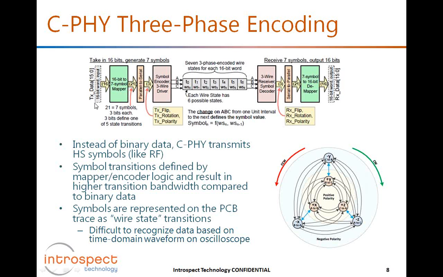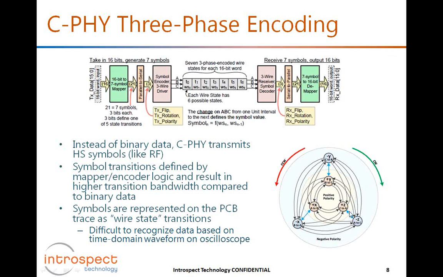However, these bits are basically mapped and encoded into symbols, and there are 6 possible symbols, 6 different states that the actual wires on the PCB board will have, and these basically allow us to transmit higher bandwidth data than binary data. So it's really the concept of symbols, and the way that data is transmitted is basically through transitions on a state diagram, very much like in RF.